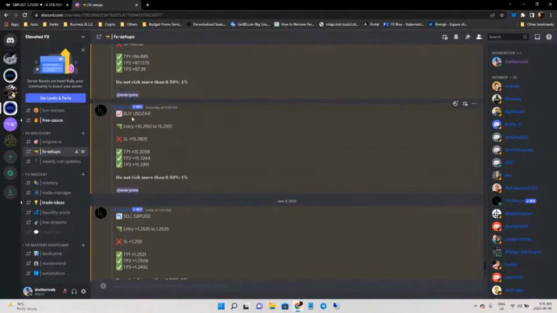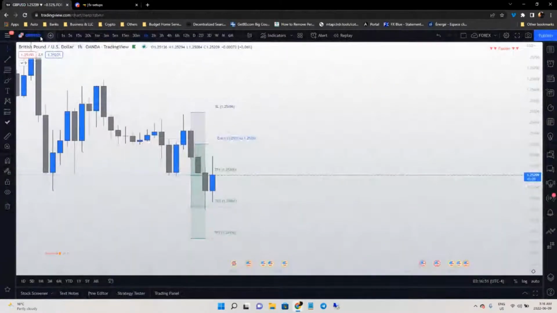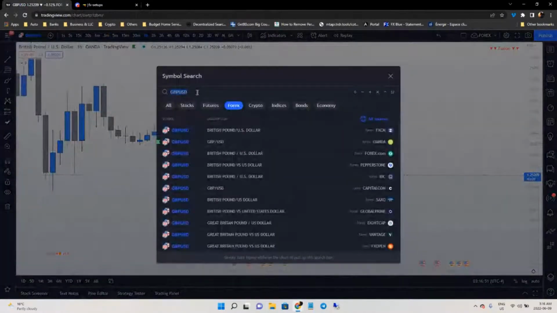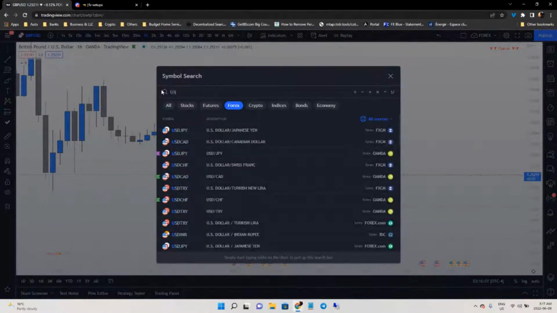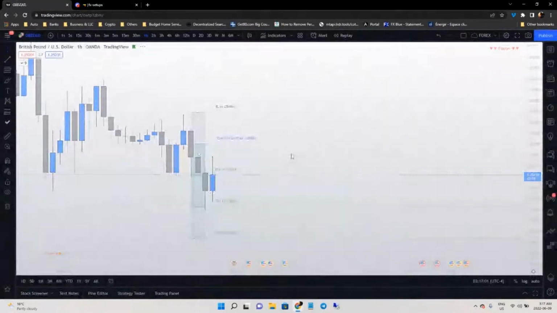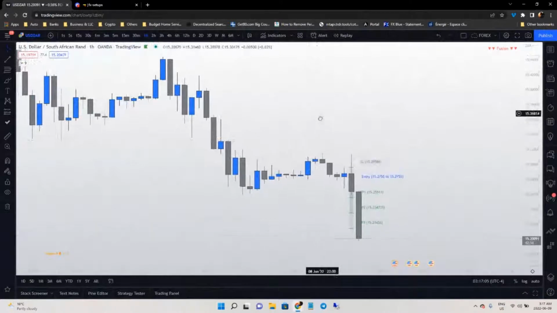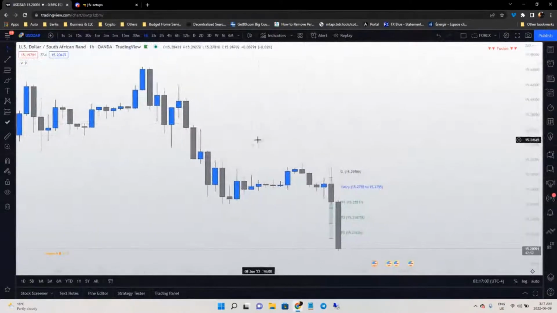So now you had the USD ZAR for a buy here from last night at 9. We're just going to look at it again. We had it as a buy here.